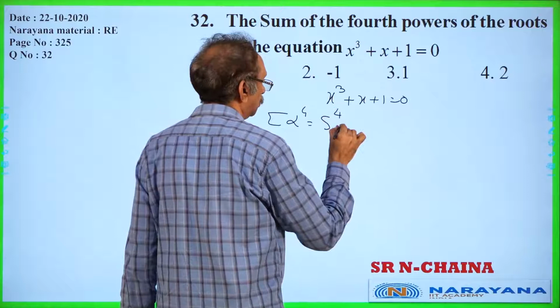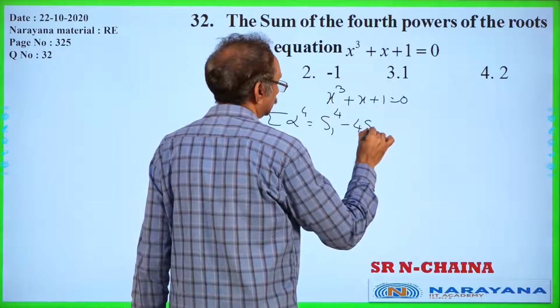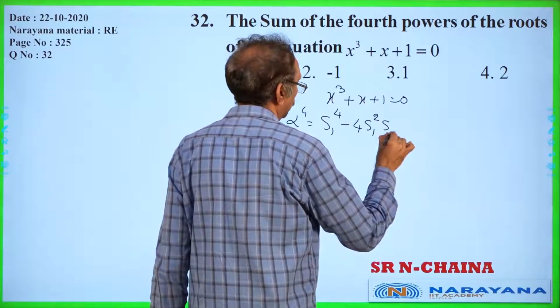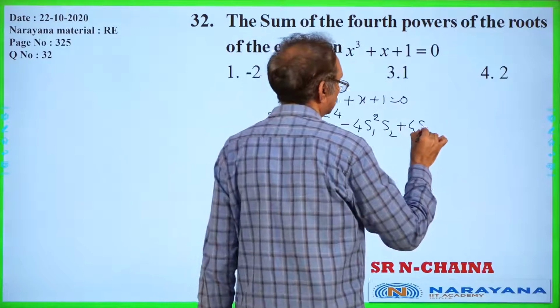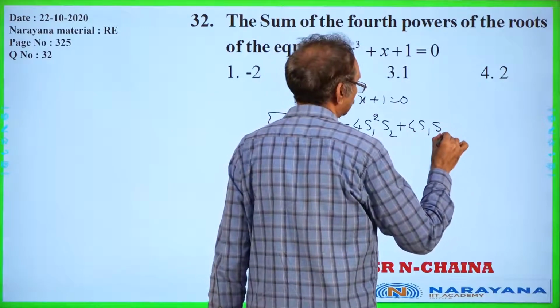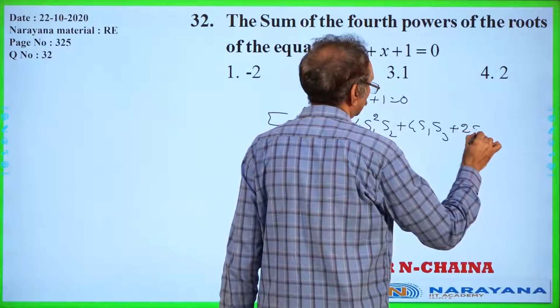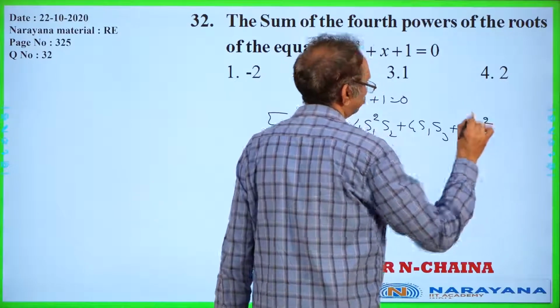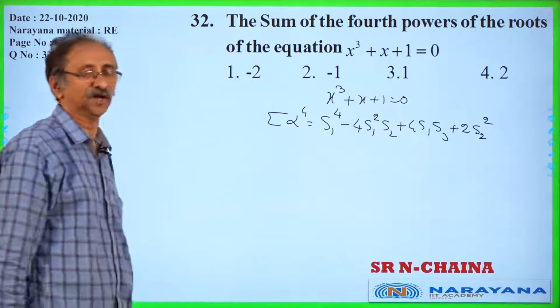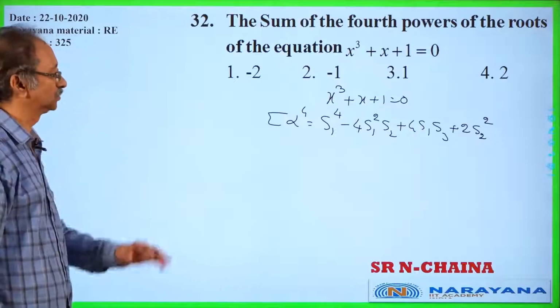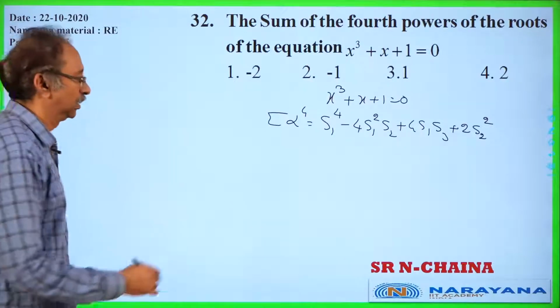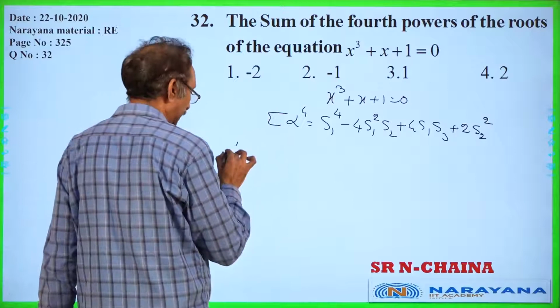S1 power 4 minus 4 S1 square S2 plus 4 S1 S3 plus 2 S2 square. So, this is the formula. Suppose you forget that. Now, you have to do this. So, you should not forget.